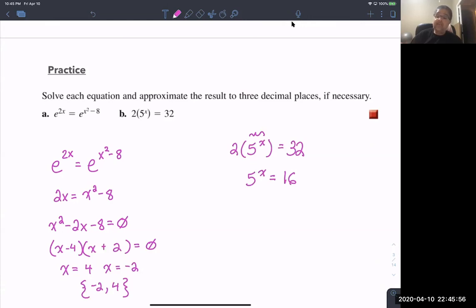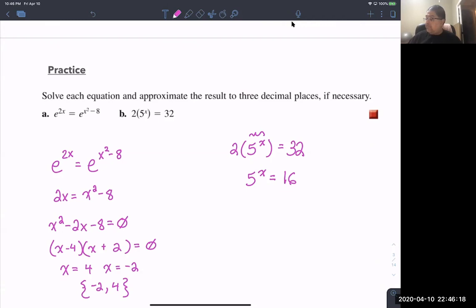Well, I'll first try to see if I can rewrite 16 using a base 5 and some exponent. But there's no way I can rewrite 16 as a power of 5. Okay. So 5 to the first power is 5, 5 to the second power is 25. I will not get 16 rewritten as 5 to some exponent.